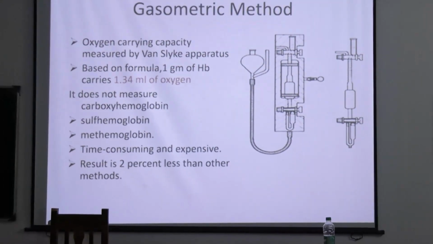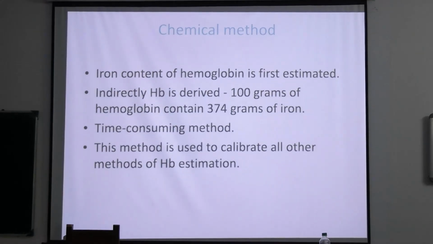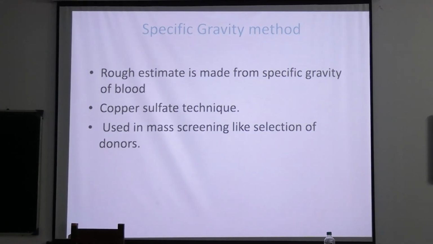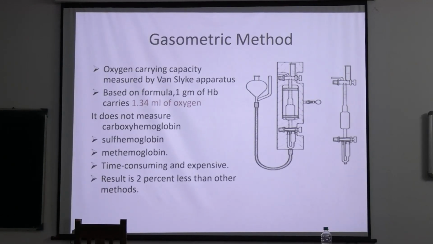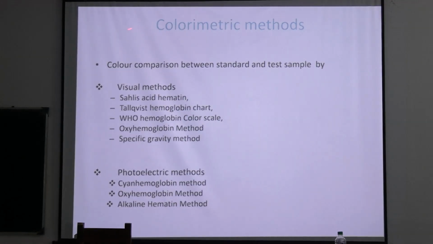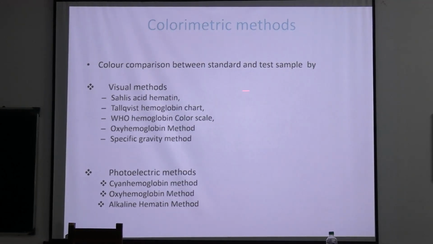Now, what are the methods? The methods may be colorimetric methods, gasometric methods, and chemical methods. Okay, and also specific gravity method, this I will come to later. So, colorimetric methods, this is the most common method which is used.